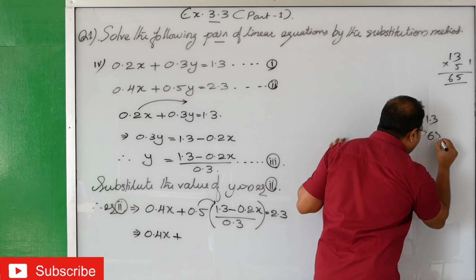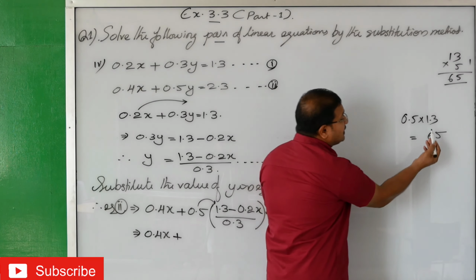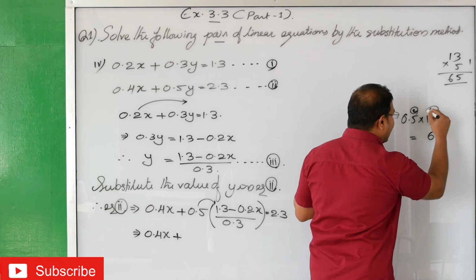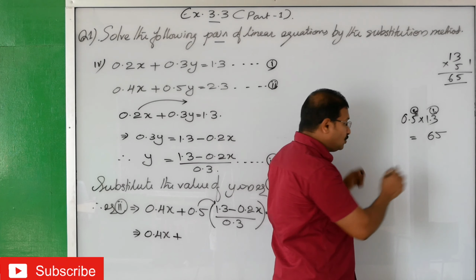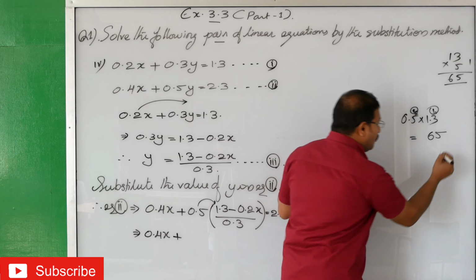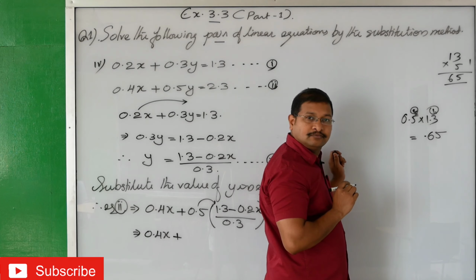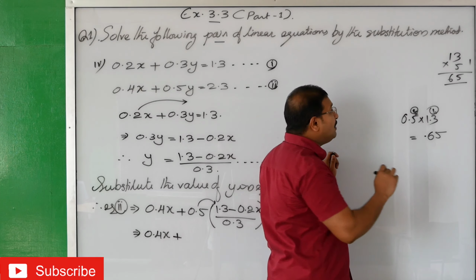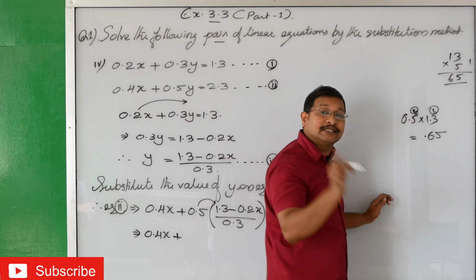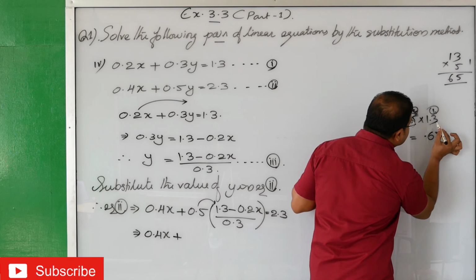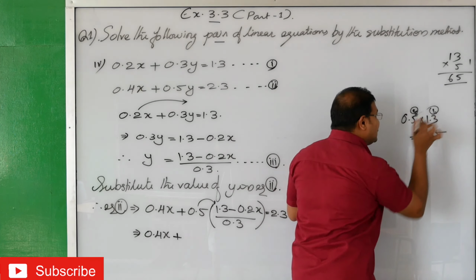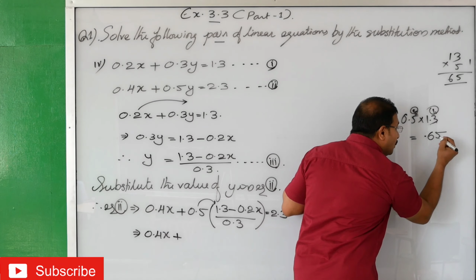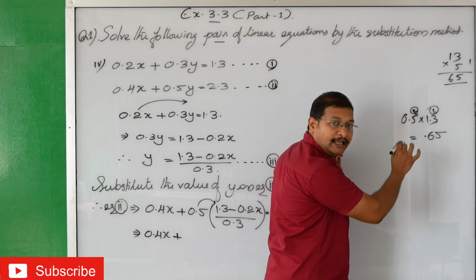So we'll write 65. After that, how many digits are there? You count from right to left: 1, 2. Two digits are there. So start counting right to left, 1, 2, and put the point.